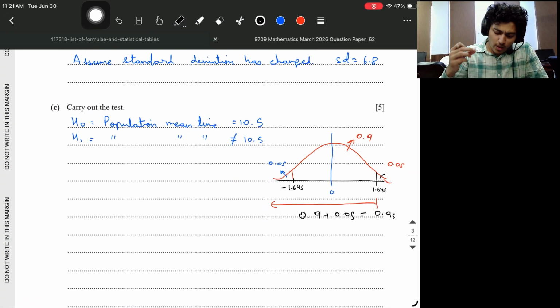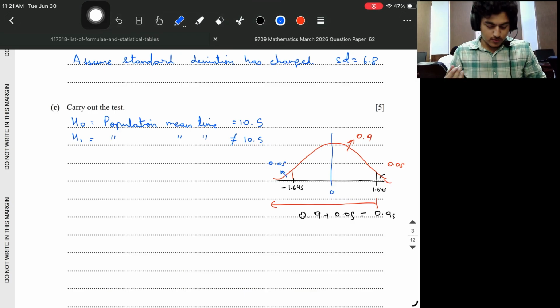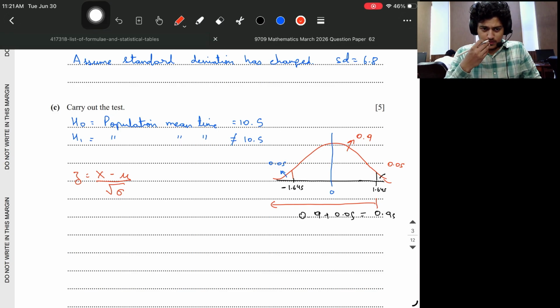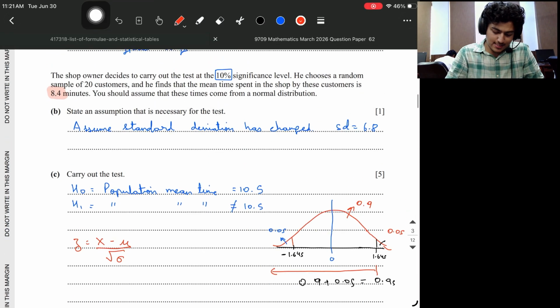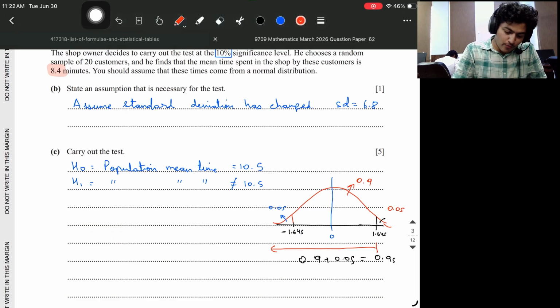Now moving forward, let's look at how to solve this. As we know, the formula for z is x minus the mean over the standard deviation, or under root of the variance. But the important thing here is that in hypothesis testing, the formula is a bit changed.